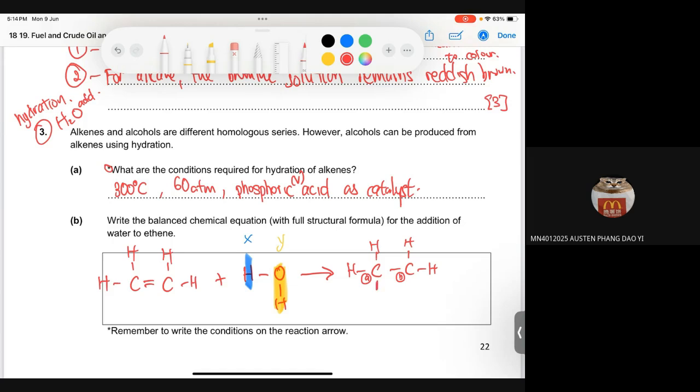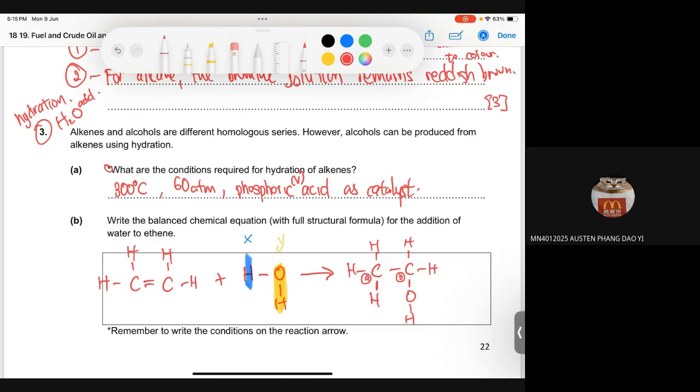What's at the bottom of carbon A? What's at the bottom of carbon B? Is it OH? So below carbon A, what would you draw? H. Then below carbon B, OH.